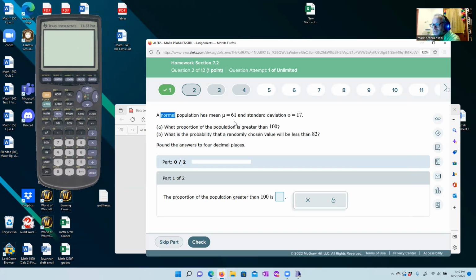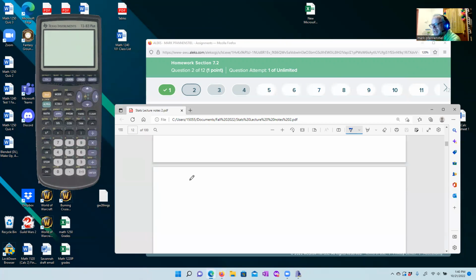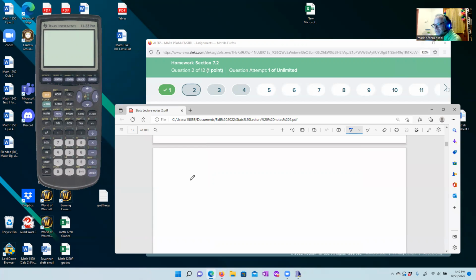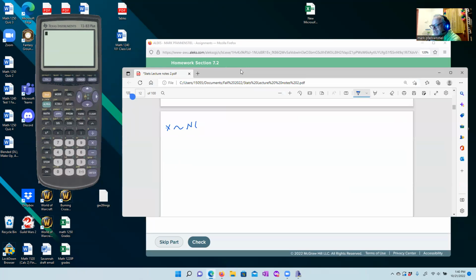So we have a normal distribution, we have a mean of 61, so that's an important thing. We're going to go ahead and write that down. So we're going to say it's normal. In other books they'll do something like this. They'll say x, and then this tilde has a normal distribution, and then we're going to write down the mean and the standard deviation. So that's 61 and 17.